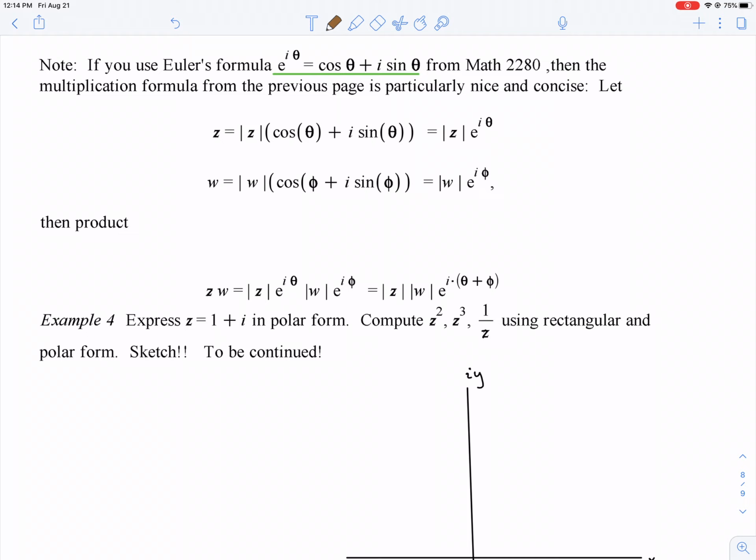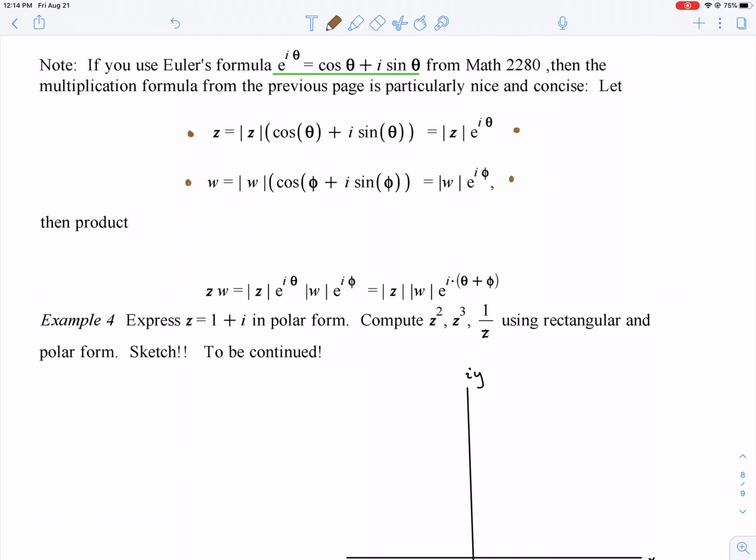But using that notation, you can write z in polar form as its radius, which is the absolute value of z, times e to the i theta. w is absolute value of w times e to the i phi.